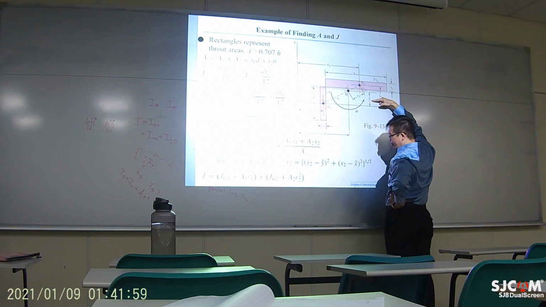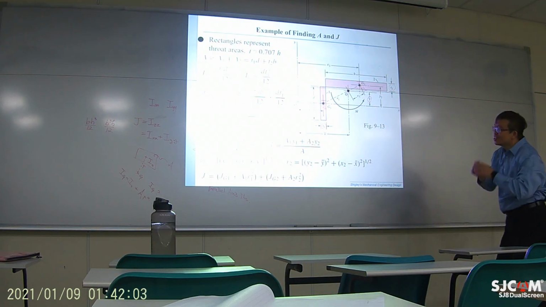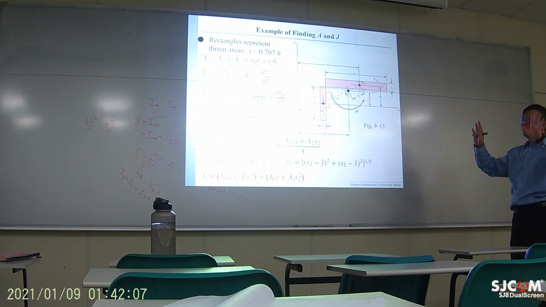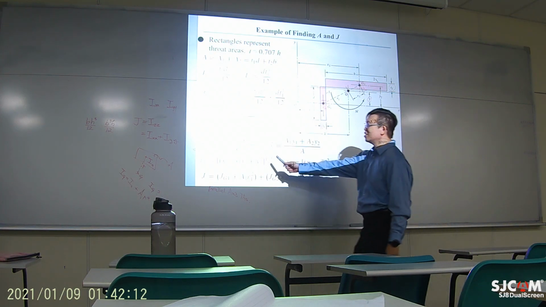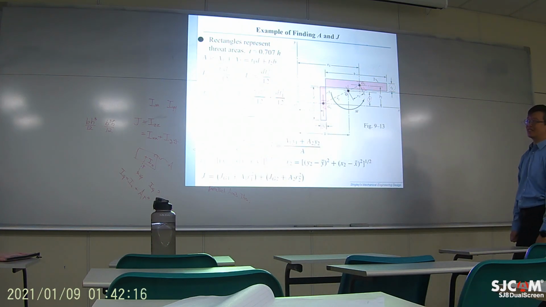So you need to find out where that position, Y bar, is. Just imagine this area has density and use balance of moment to find it. So these are actually calculations of moment balance.